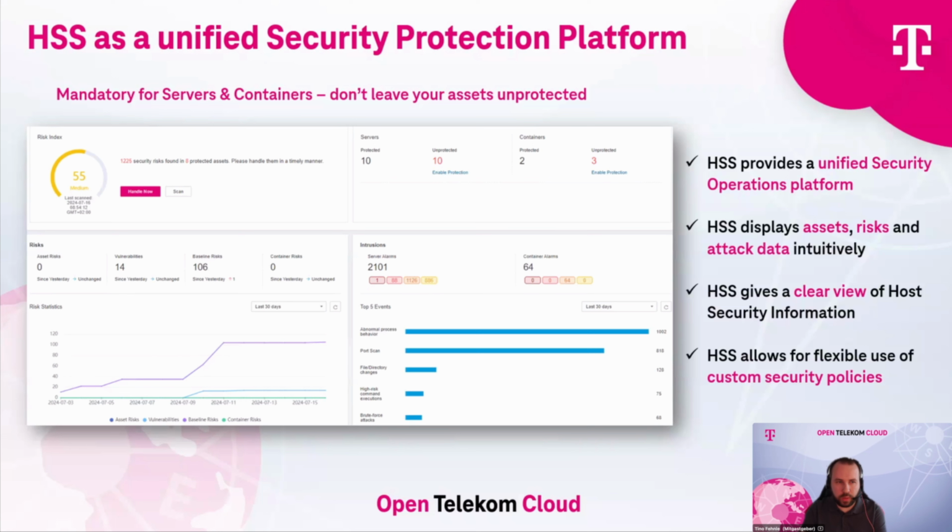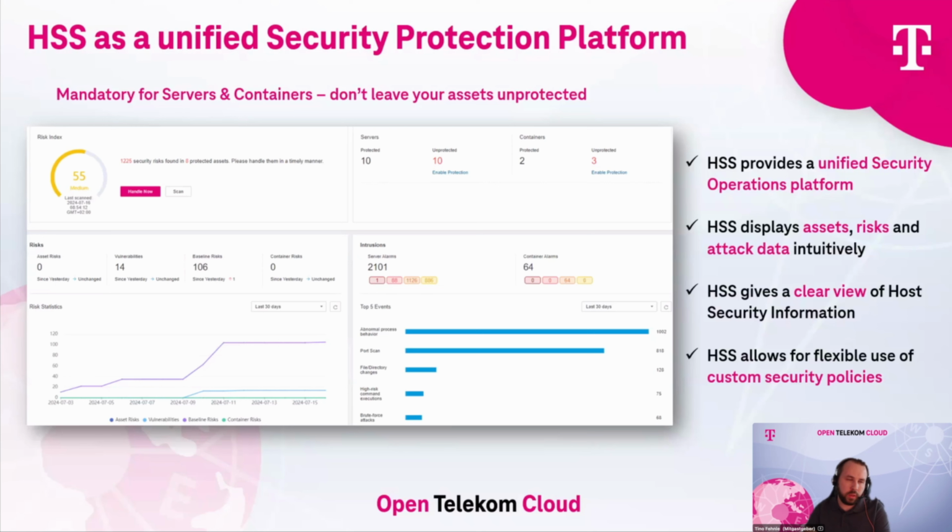Are the security threats rising or declining? Then you can see on the top right, what servers do I have? Are they protected? Are some unprotected? And you can see also directly the most important alarms from an intrusion point of view, the top events, and you can then dig deeper. But we will see much more of that in the live demo later. So this is just the first glance.